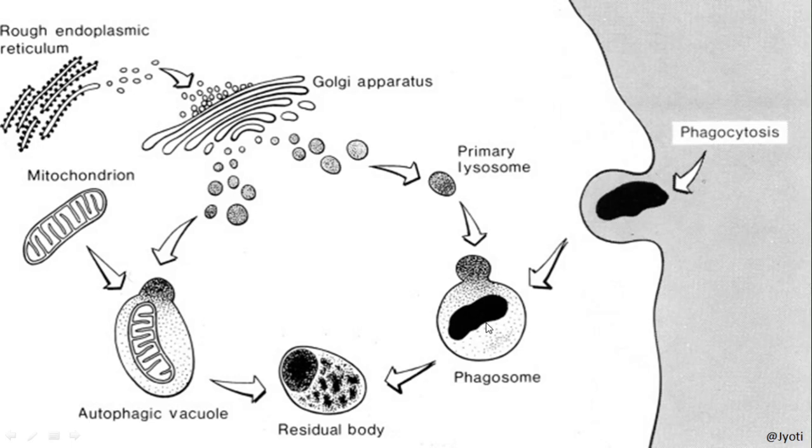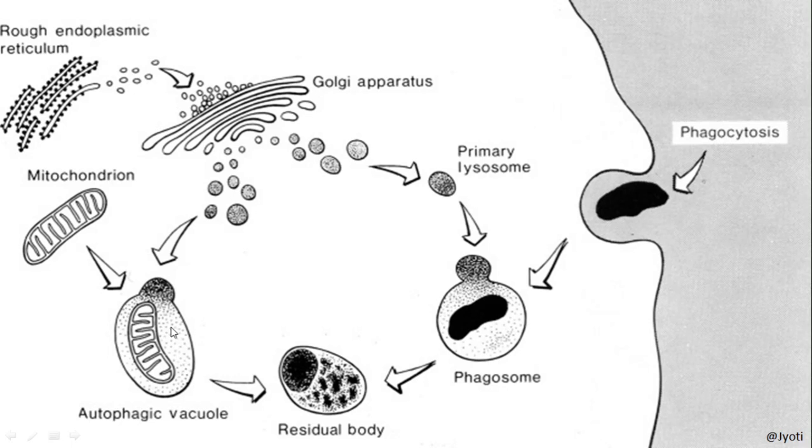Now after digestion, in the third picture, you can see the digested substances are utilized by the cell, but undigested materials remain in the lysosome, and this stage of lysosome is called the residual body.